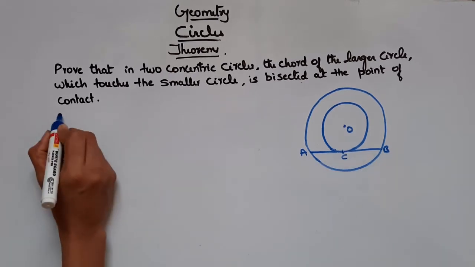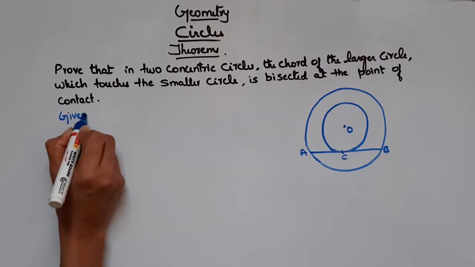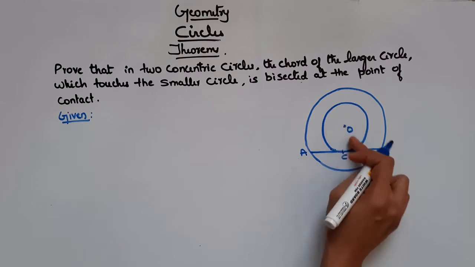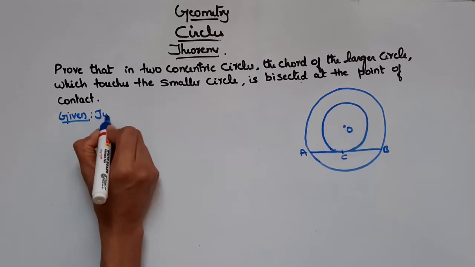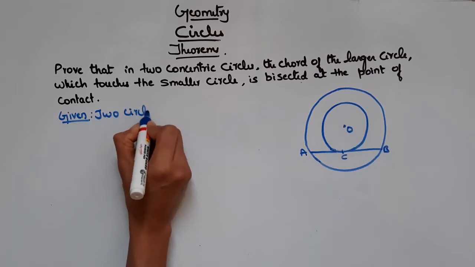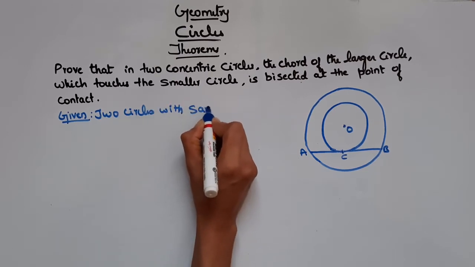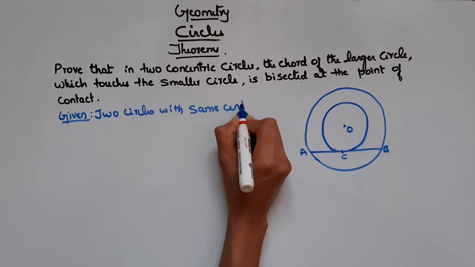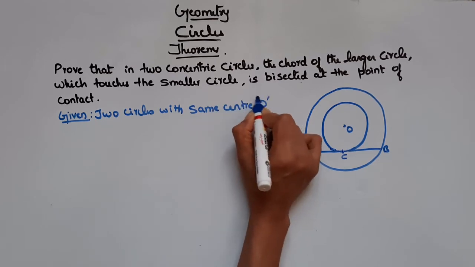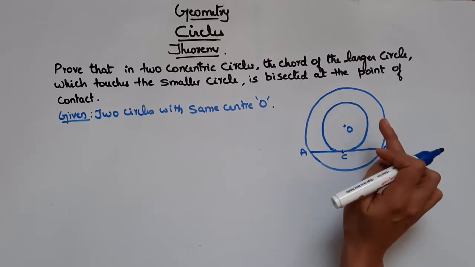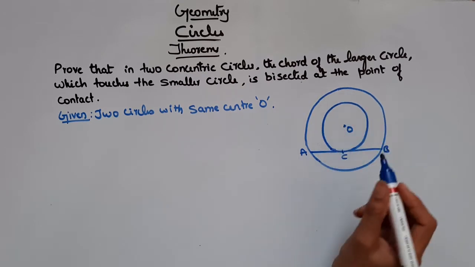So first let's write what is given. Given here are two circles with the same center, that is O, right? And it's given that AB is a chord to the larger circle such that it touches the smaller circle.